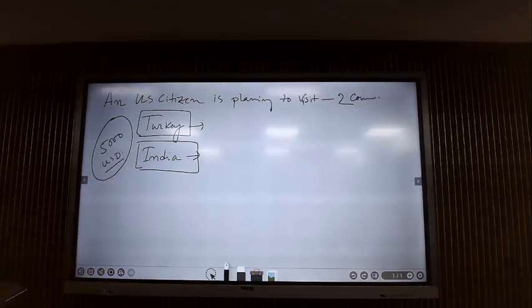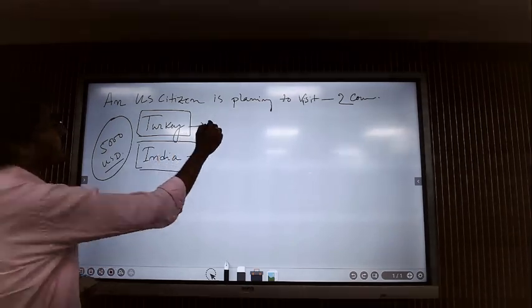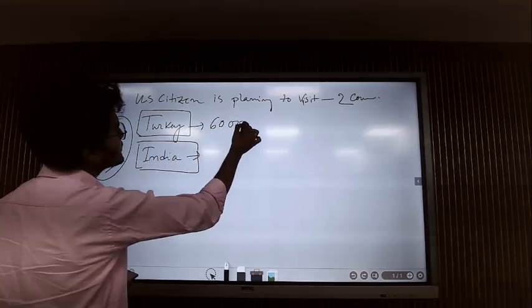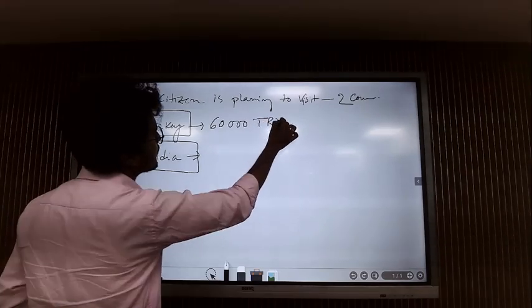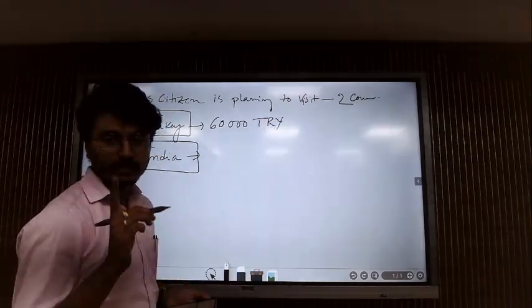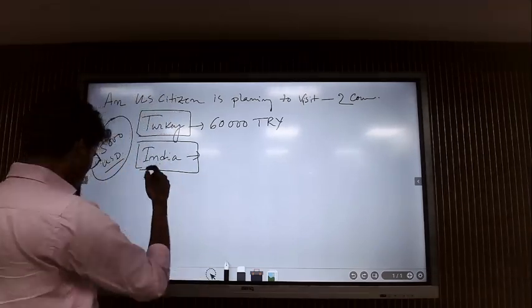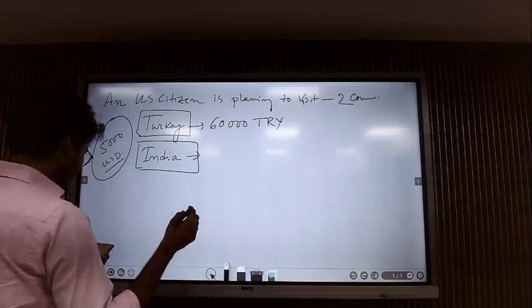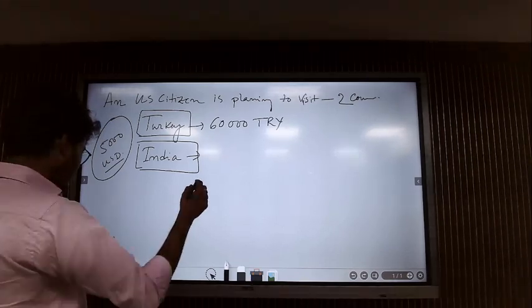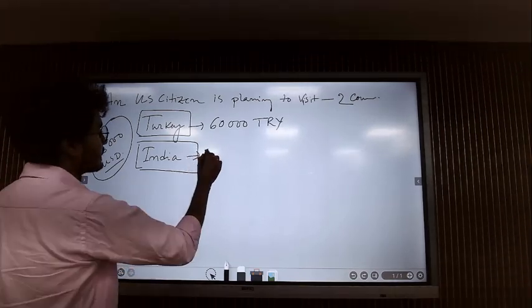So the cost of Turkey is 60,000 TRY, TRY meaning Turkish lira. And the cost of India is 3,50,000 INR.